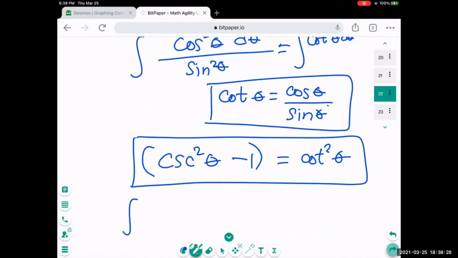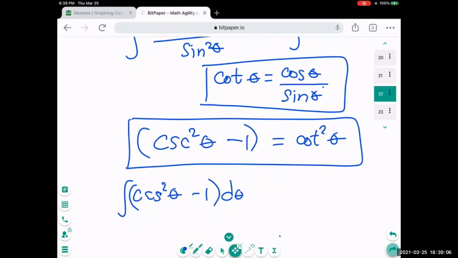So this is now equal to the integral of cosecant squared theta minus 1, of course, d theta pa rin, right? So if you look at the table of, if you have one, yung mga integral natin of all the trigonometric functions, we can see that cosecant squared theta is readily available doon sa integration table. So that's why I converted to cosecant squared instead of trying to integrate yung cotangent squared.